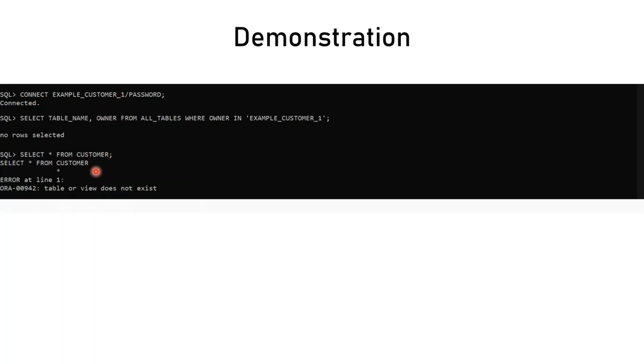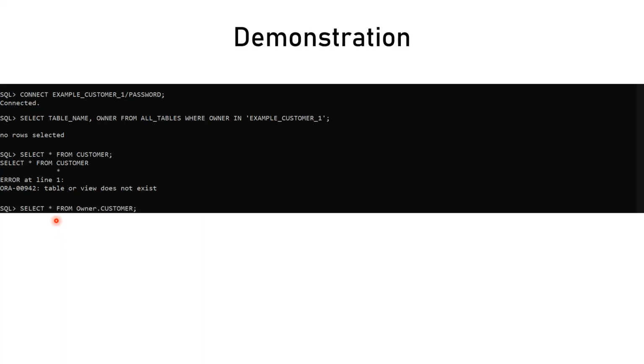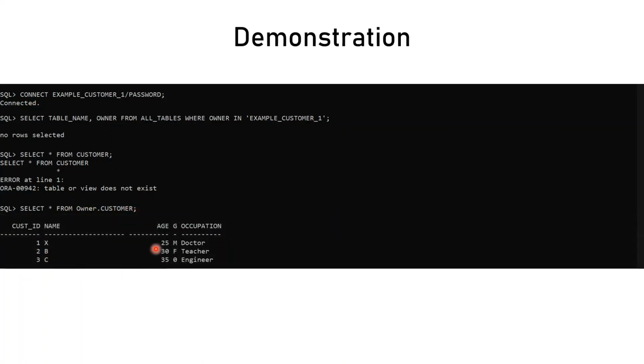Instead, we will write this: select star from owner.customer. This will specify that we are specifically looking for the customer table that is present under the owner user. All right. So when we execute this query, as you can see, we get our results. So we can see that our view read-only role is actually working.